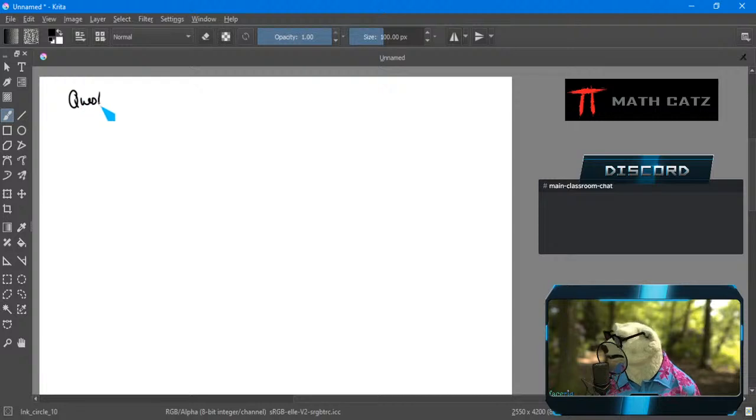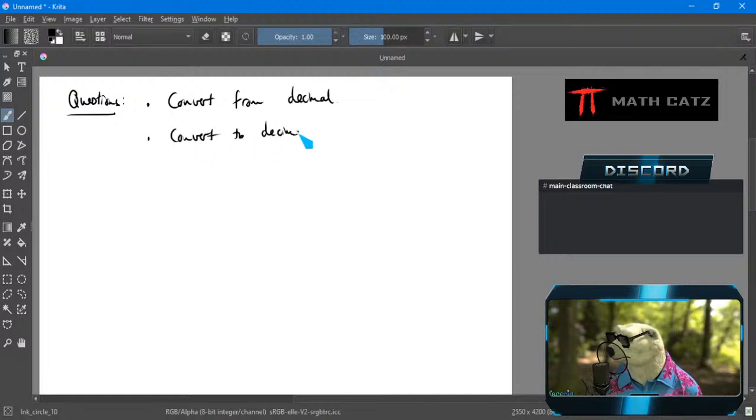Our questions and things that we have practiced are: convert from our familiar decimal system, convert to the decimal system from whatever number system we have looked at, and then the written method for addition, subtraction, and of course multiplication.